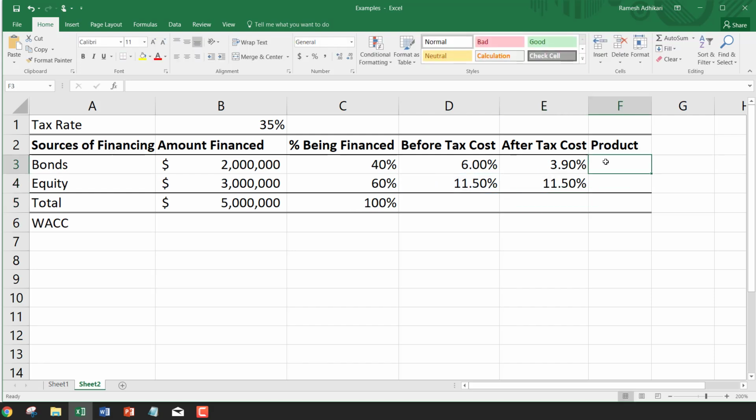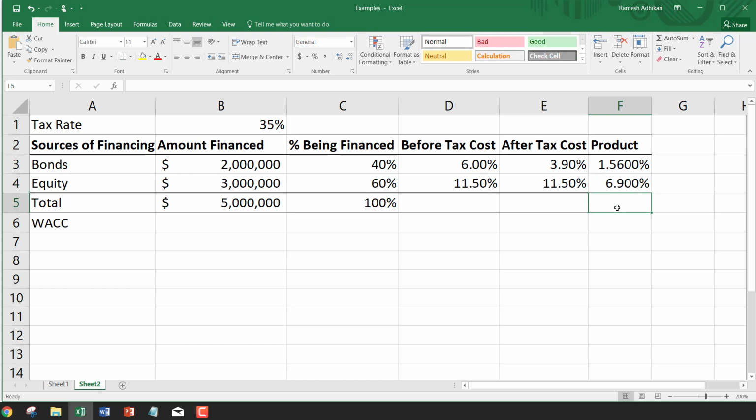That's all. Now the product means your weights times after tax cost. So 40% times after tax cost, that is the product for bond. And similarly for equity, the weights times after tax cost gives us the product for equity.